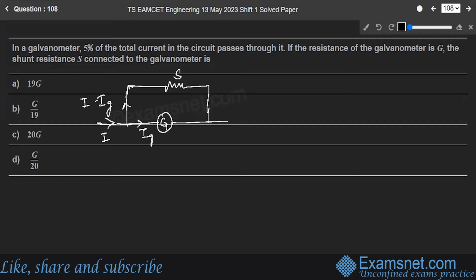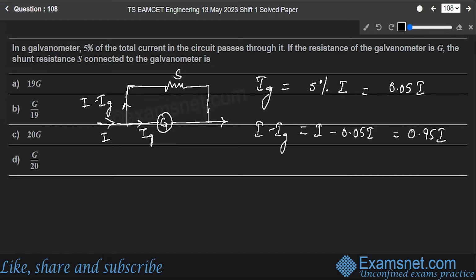Right. So, okay, see, now according to the given condition, you are having IG as 5% of the total I, or this is equal to 0.05 I, and I minus IG is equal to I minus 0.05 I, which is equal to 0.95 I. Now, let's apply Kirchhoff's voltage law.